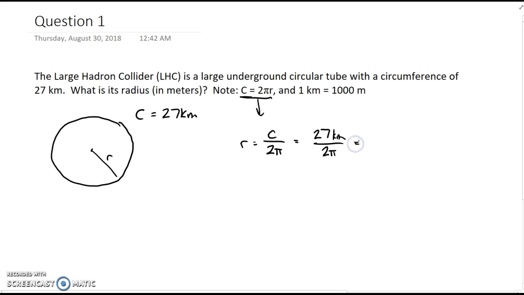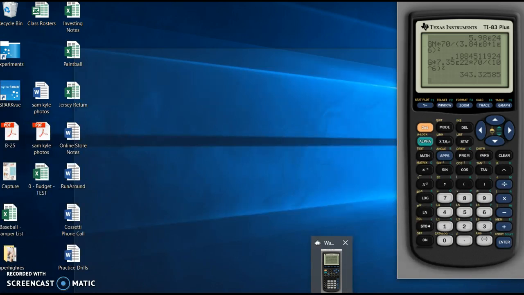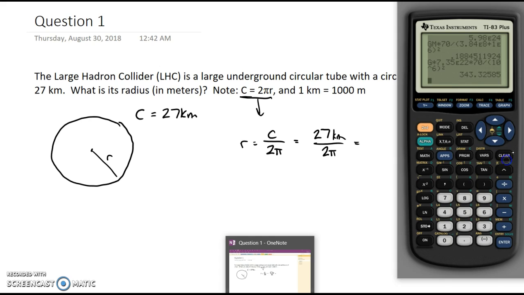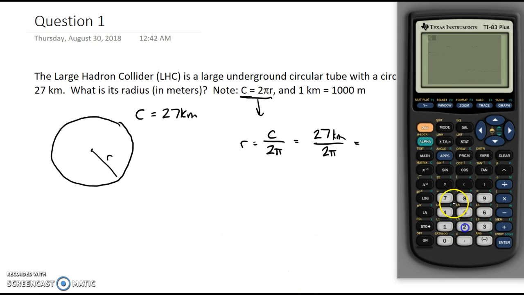And I can use my calculator and plug that value in. I get 27 divided by 2 pi. Now if you look at my calculator here, I get a value of 42.4.